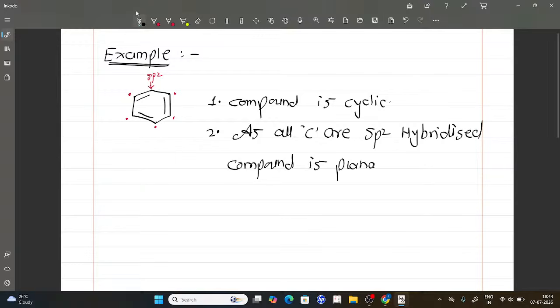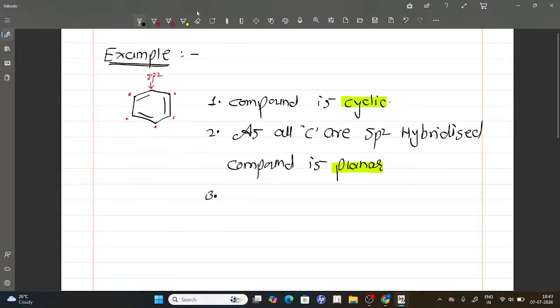आपला कंपाऊंड कसा आहे प्लेनर आहे कारण सगळे कार्बन sp2 हायब्रिडाइज्ड आहेत. Now the next point we studied is that your compound must be conjugated. Now look towards the ring. Is it conjugated? We are going to see double bond, single bond, double bond, single bond, double bond and single bond system is there.